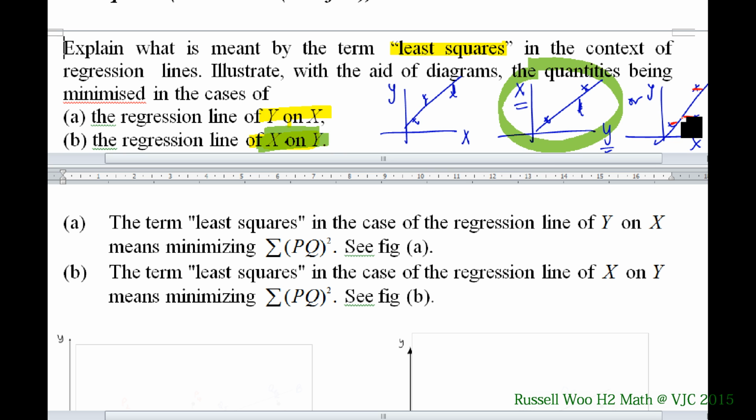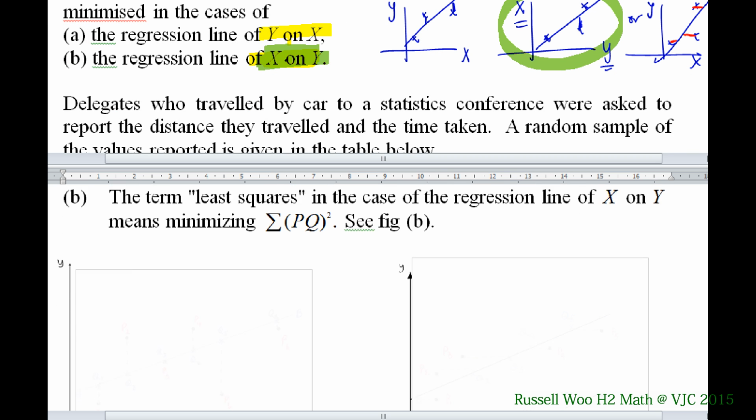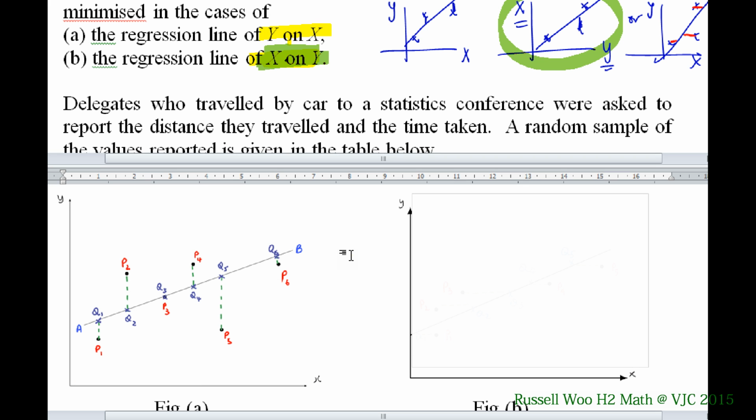So this diagram, this is figure A, okay? Figure A should look like this, where you are minimizing PQ squares.